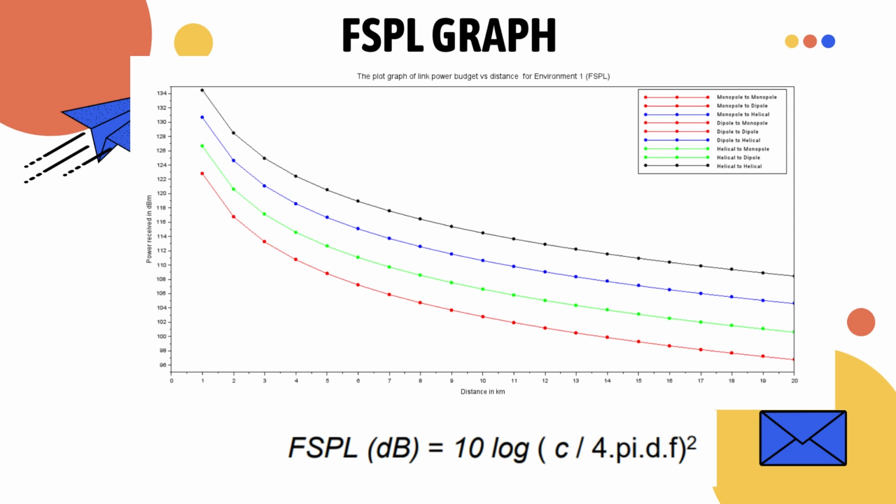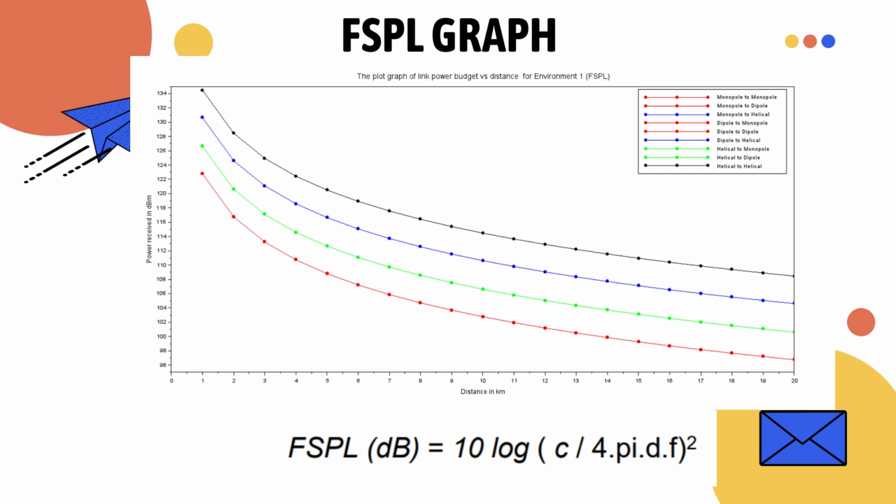FSPL graph. FSPL is the free space path loss, which represents the path loss experienced in a free space environment where there are no obstacles or reflections to affect the signal propagation.